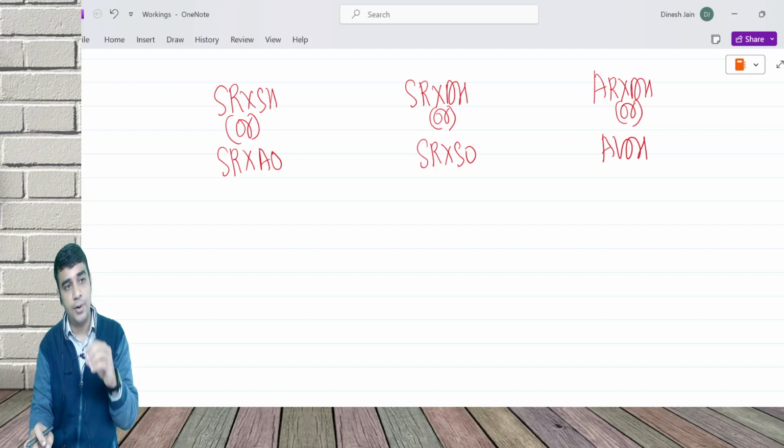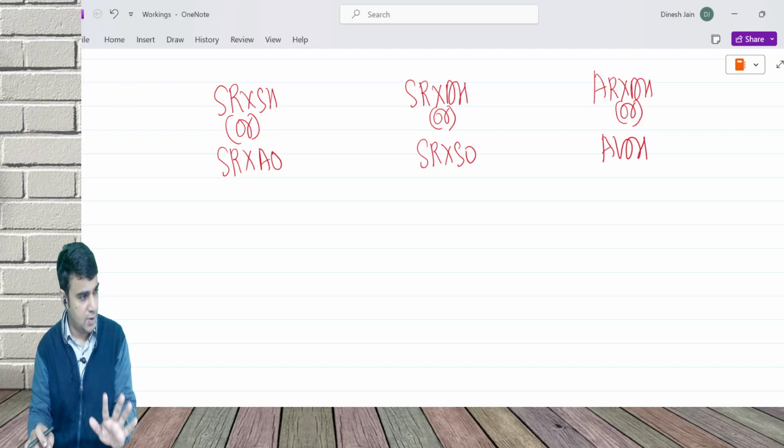In this question, I'm going to do both the calculation. That is, I'll do SR into SH as well as SR into AO. But later on, you'll understand only one of them is sufficient.